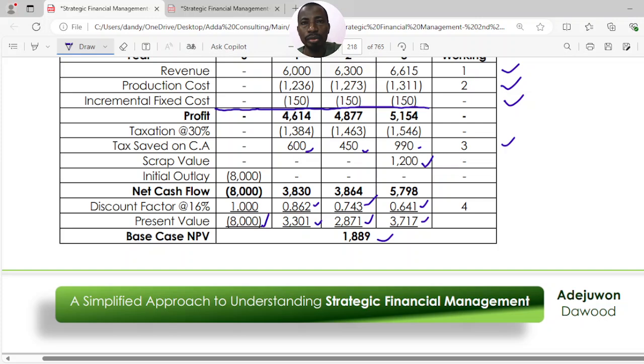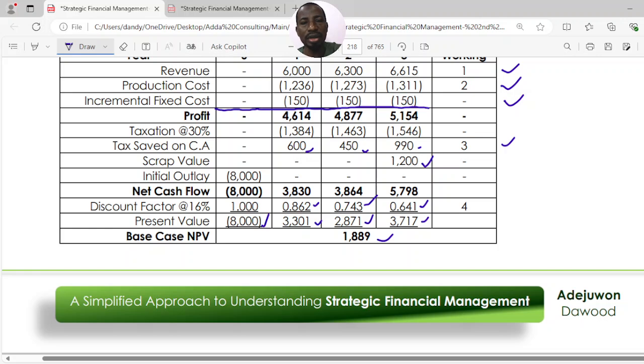Then step 2, you must ascertain if you want to use net finance required or gross finance required for the cash flow arising from subsidized loan and tax saved on interest. If examiner is not specific on which one to use, always use the gross finance required.